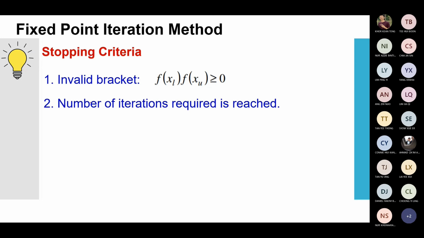The second stopping criteria is when the number of iterations required is reached. Say in the questions or in the requirement, you have to do 3 iterations or 4 iterations. That's it. You don't have to go further. Just stop at that iteration and conclude your answer.